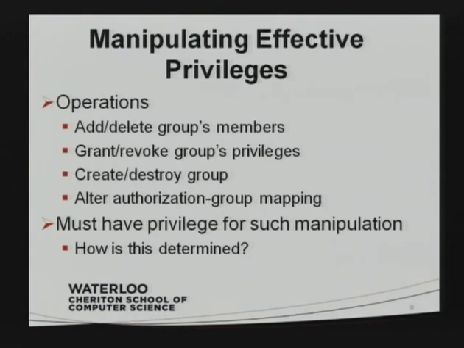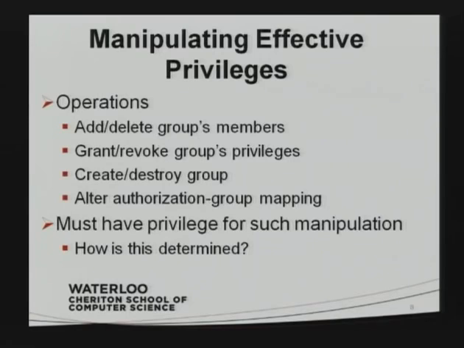So, we want to be able to manipulate all of these things, and the question is, where do we get the permission to manipulate all of these things, to manipulate the groups, to manipulate the permissions in the groups, to manipulate the authorization, which groups you can assign to initially, to create and to destroy groups. Well, if somebody has the permission, then they could give me that permission.